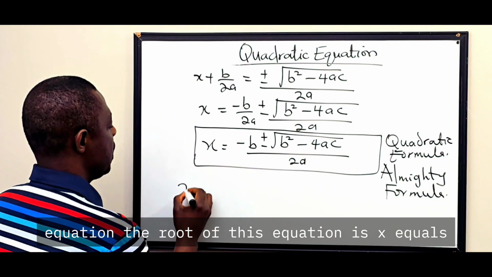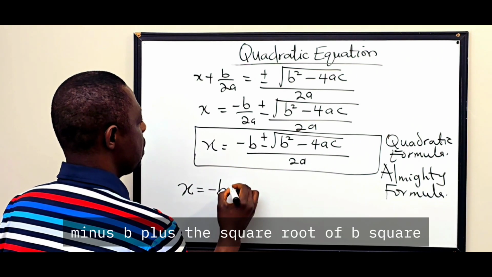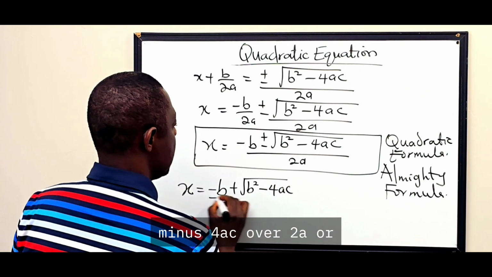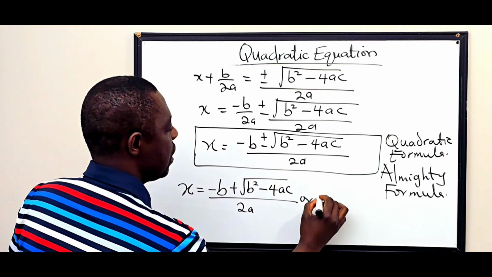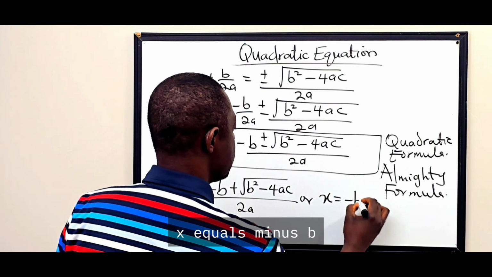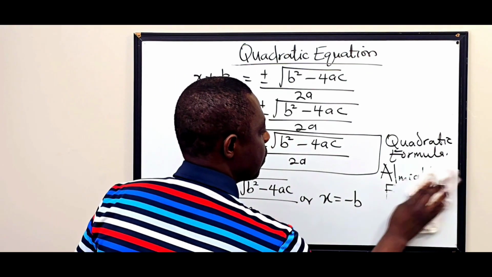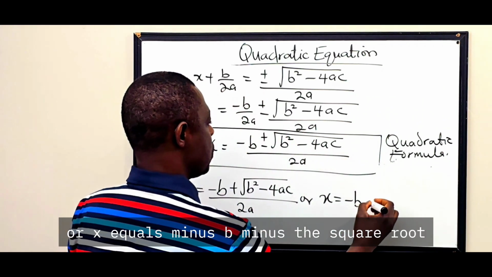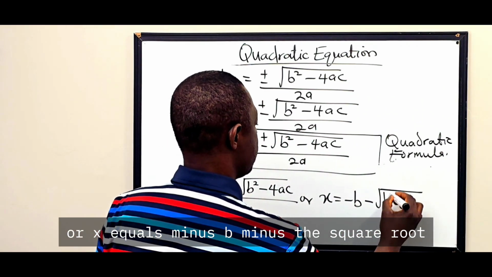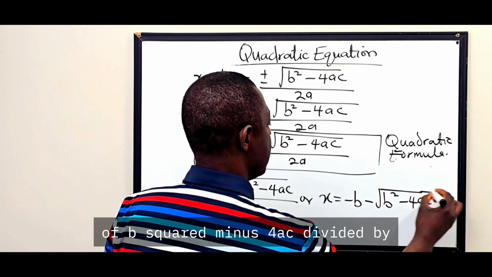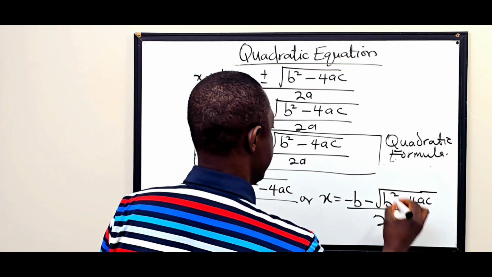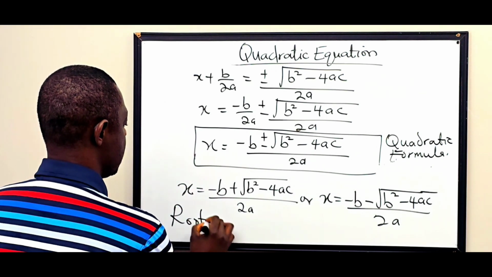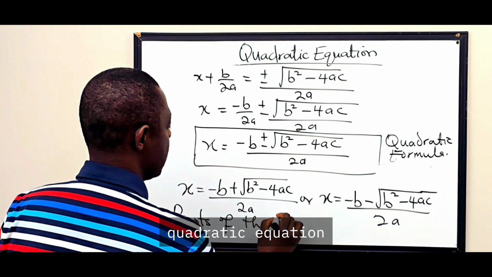The roots are x equals minus b plus the square root of b squared minus 4ac over 2a, or x equals minus b minus the square root of b squared minus 4ac divided by 2a. These are the roots of the quadratic equation.